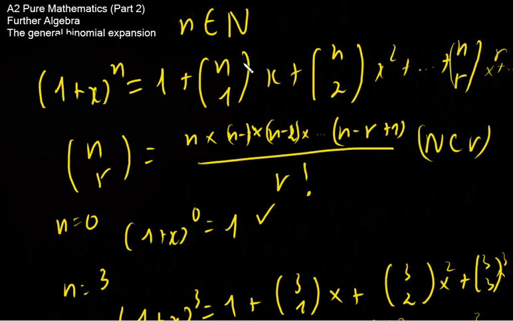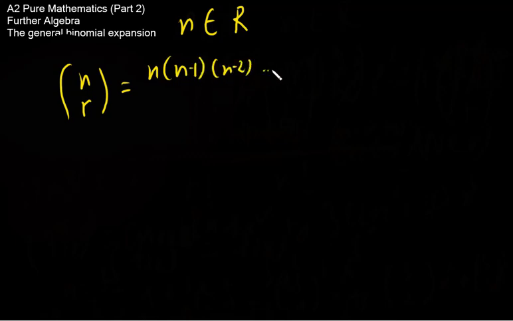So what if n is a real number? Now we have known that nCr is equal to n times (n - 1) times (n - 2) up to (n - r + 1) over r factorial.